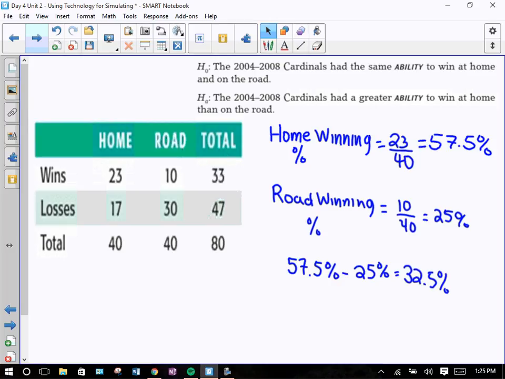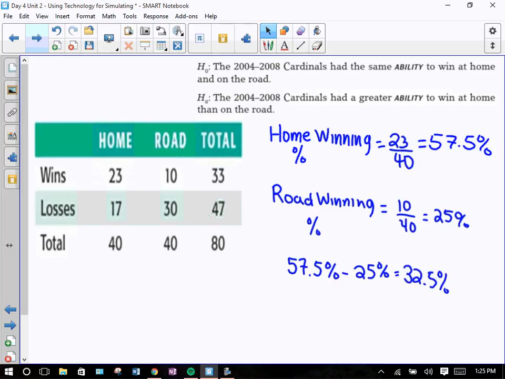At home, they had 23 wins, 17 losses, and 40 total home games. On the road, they had 10 wins, 30 losses, 40 total games. And they had 33 total wins and 47 losses, and 80 total games.